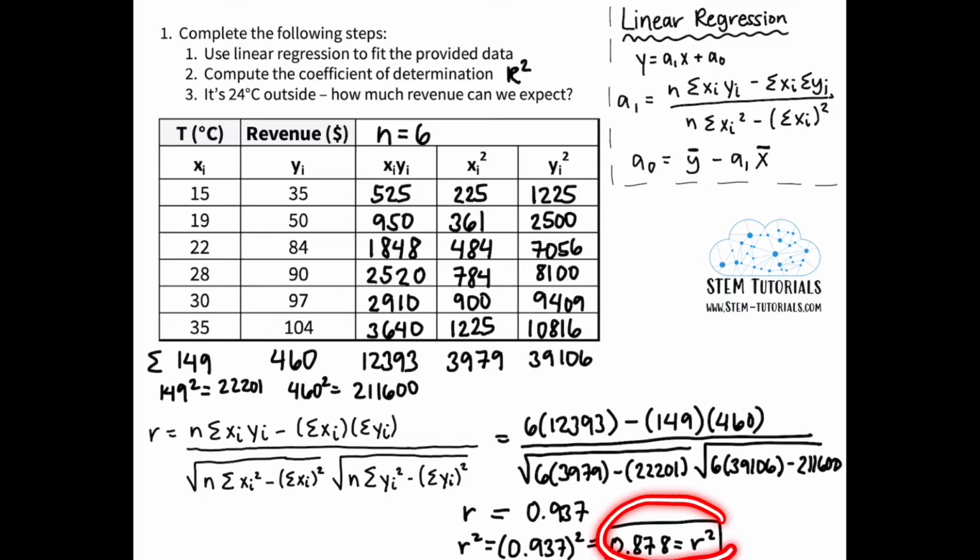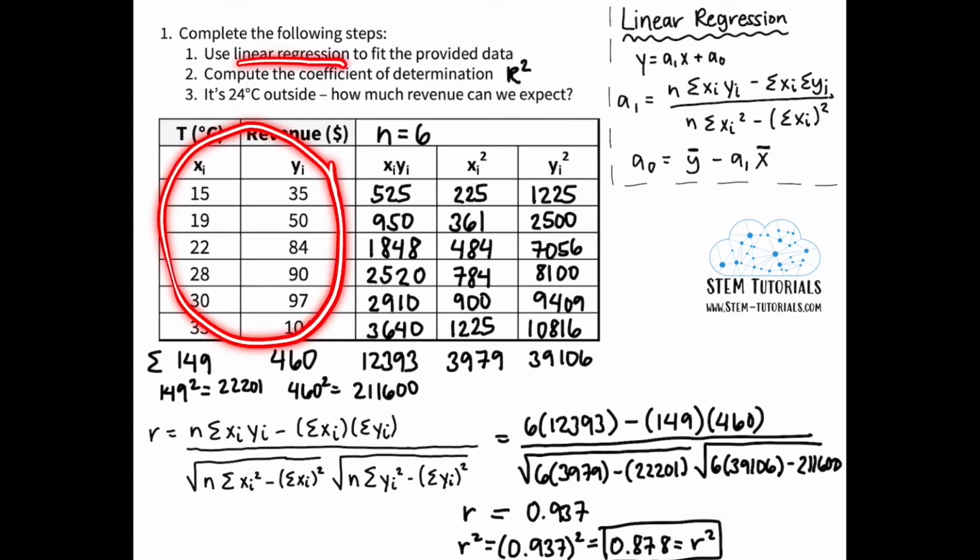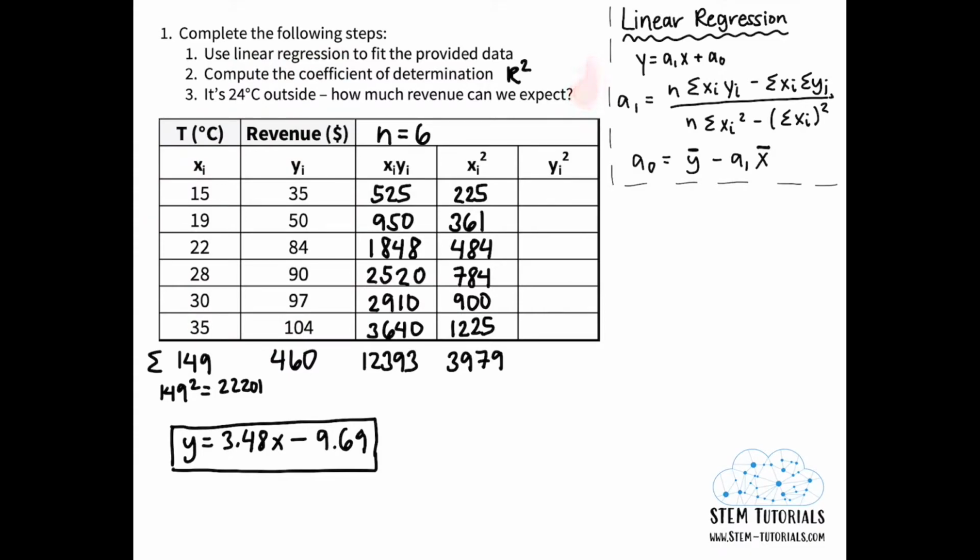So with this, we've solved part 2 together. So we see that there's a reasonable fit between our data points and our linear regression line. The last part of the question simply asks us, how much revenue can we expect when the temperature is 24 degrees Celsius outside? So all we simply need to do here is take our linear regression line from part 1 and substitute in our x value, our temperature of 24 degrees Celsius.